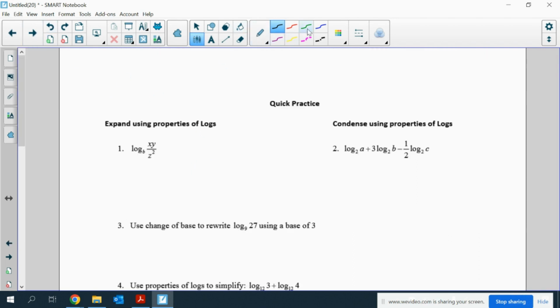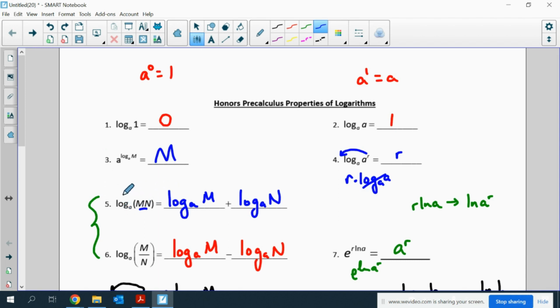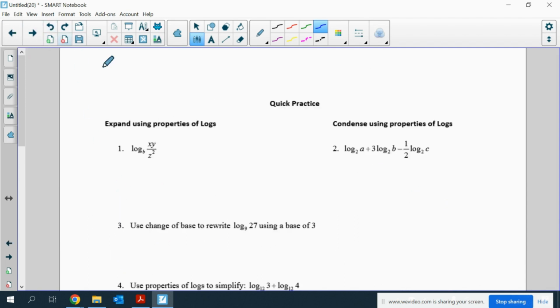All right, a few problems. Log base b of xy over z squared, we have to expand this. So let's go back. That would be this property or this property. So all of these are going to be in terms of log base b.